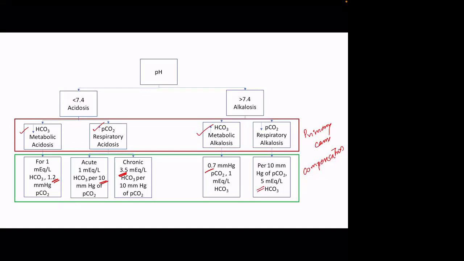So we can see that kidneys have to conserve bicarbonate in case of respiratory acidosis, and will have to lose bicarbonate in case of respiratory alkalosis.